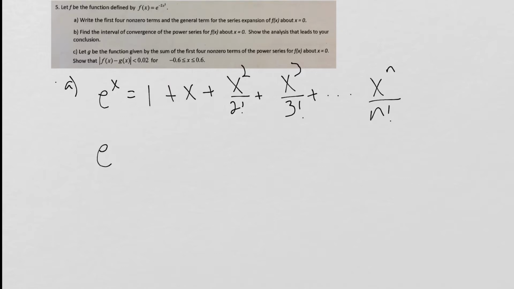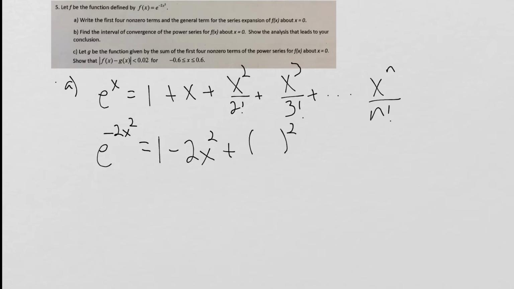I get e to the negative 2x squared: the 1 stays there, this x changes to that, so I get minus 2x squared, plus up here I've got an x squared, so I need to change that x to this.